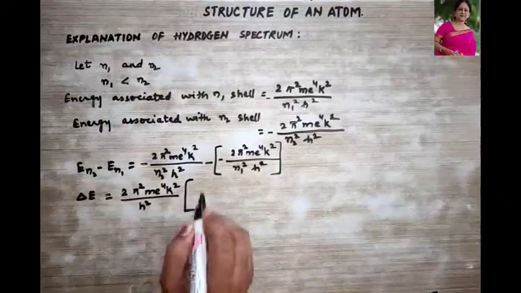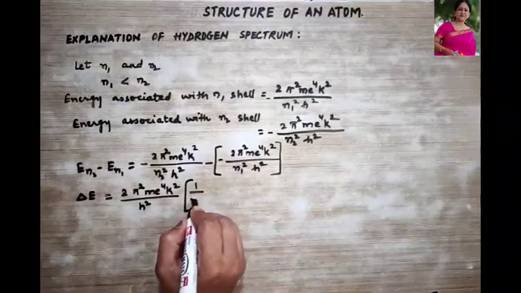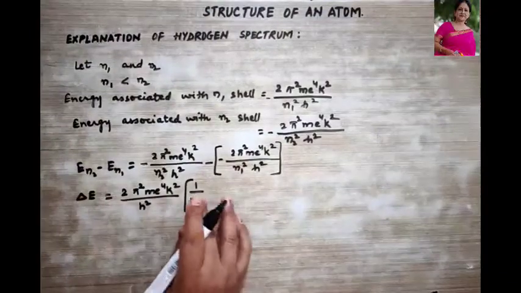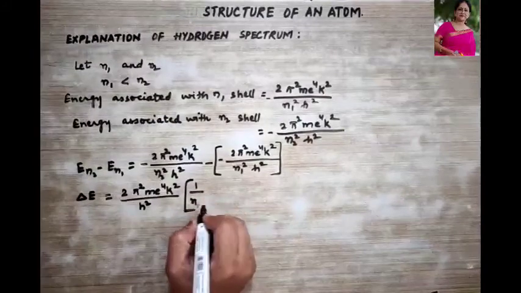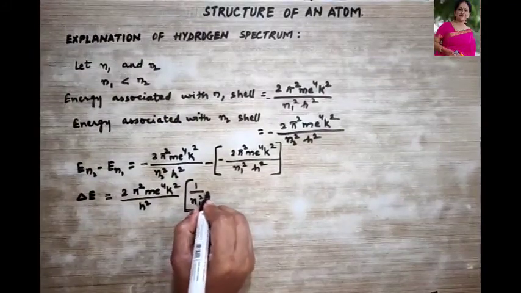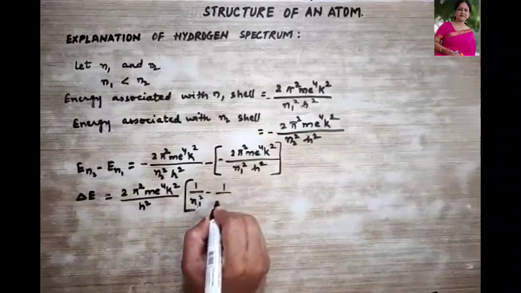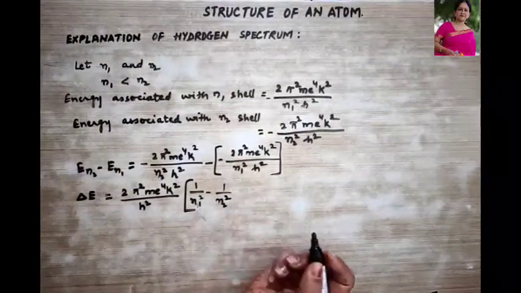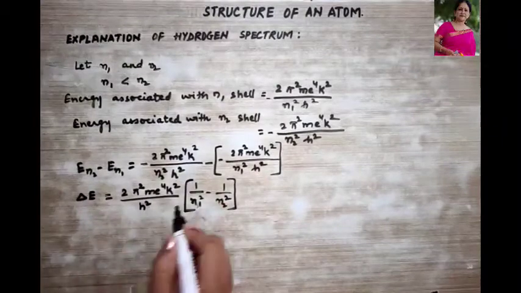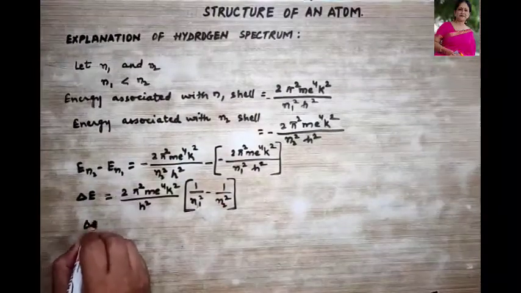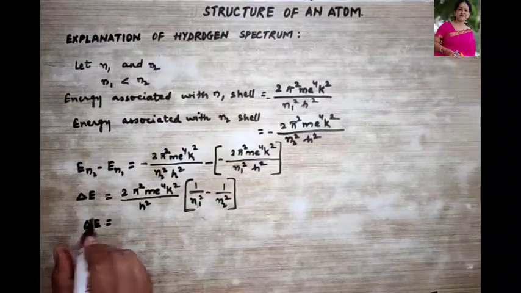What is uncommon? 1 upon n1 square minus 1 upon n2 square. So delta E will be equal to this.